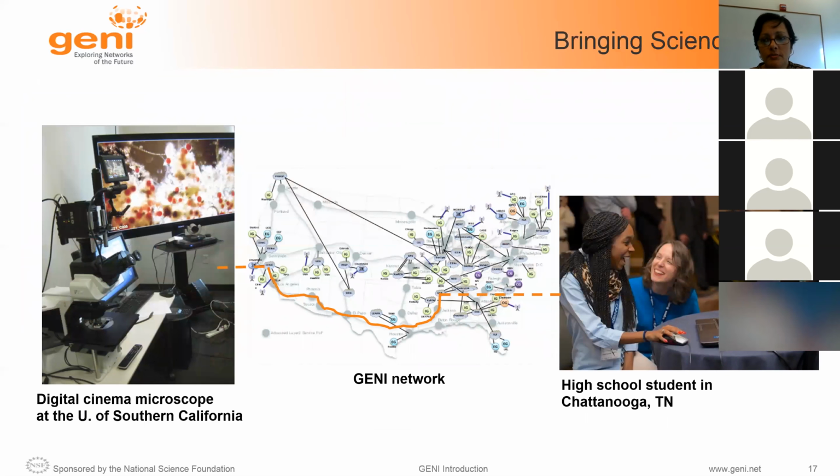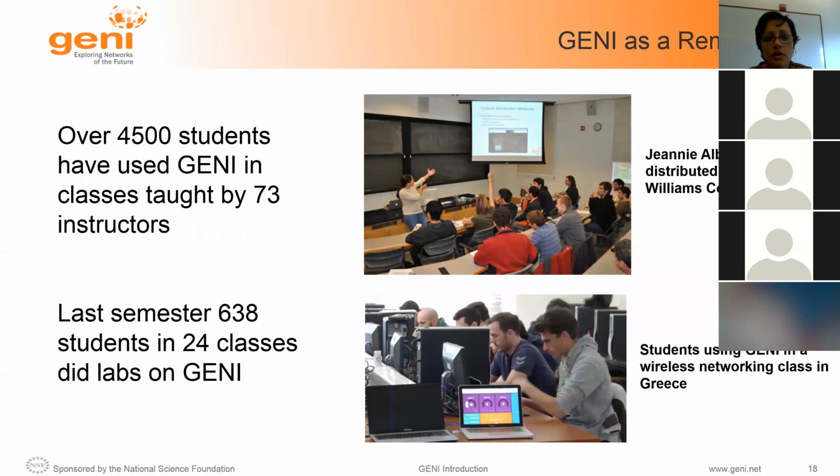These are other examples just to show you the reach of GENI basically here. There are currently over 4,500 students who have used GENI in classes taught by 73 instructors. Last semester, which is spring alone, we had 24 classes with 638 students using GENI.